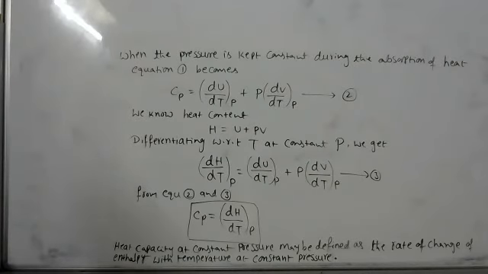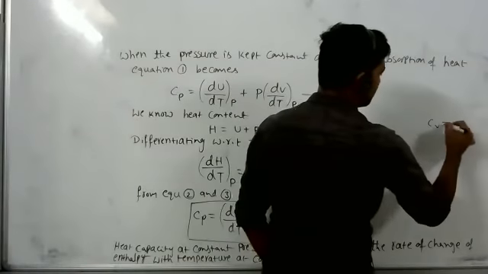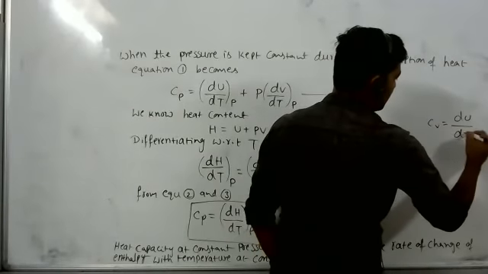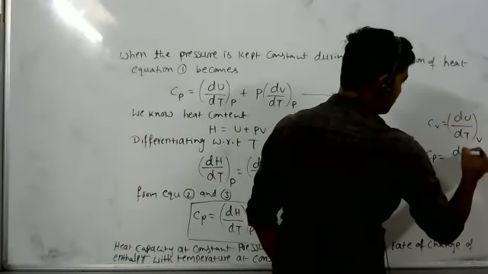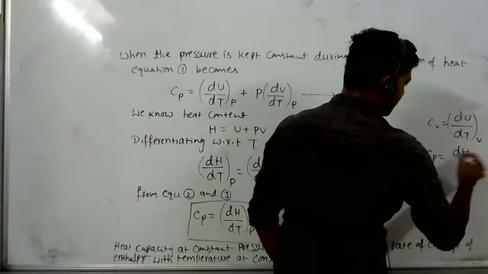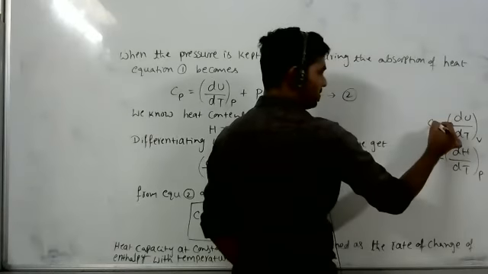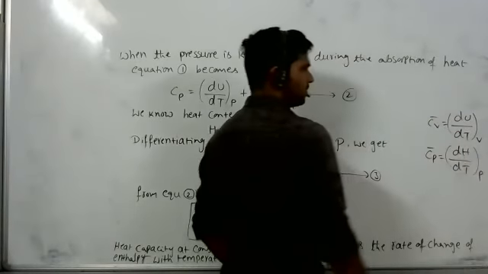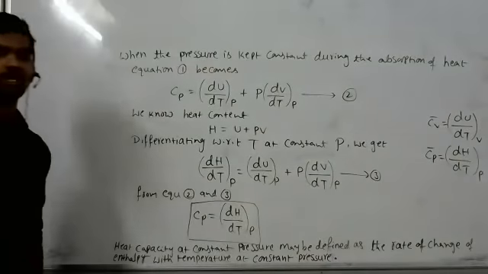So here we derived Cv is equal to du by dt at constant volume, and Cp is equal to dH by dt at constant pressure. Sometimes we denote them with Cv bar, Cp bar also. This is the formula for 1 mole of gaseous substance.